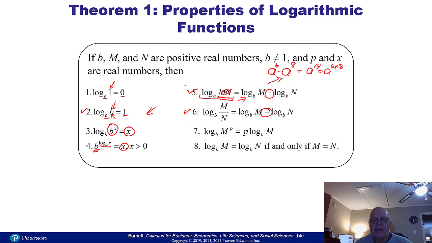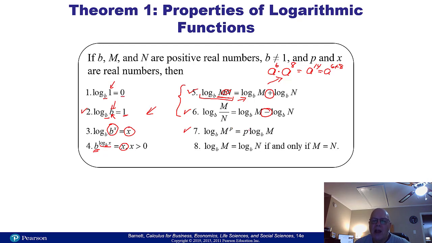Next, now these are very similar to each other. Once you get it down, oh yes, I've got that. The next one, a little bit different. This one says, okay, what is going to be the exponent if I have m, some number, to the p power? And p does not represent a prime, it's just a real number.